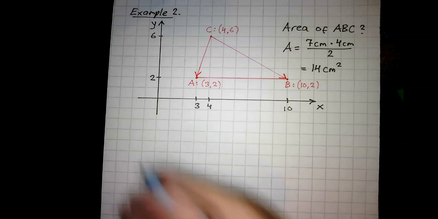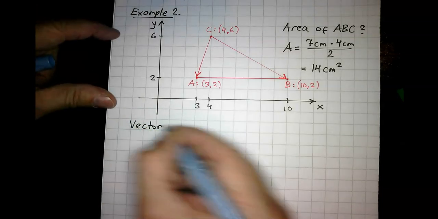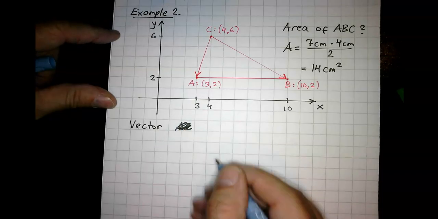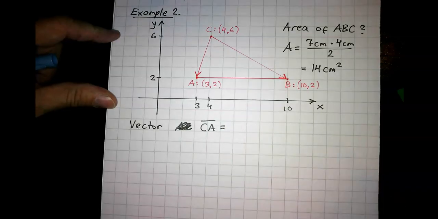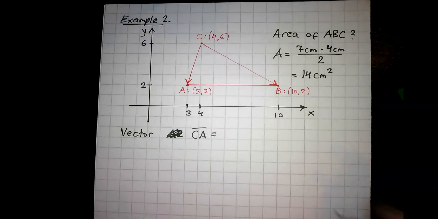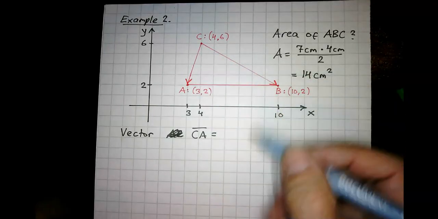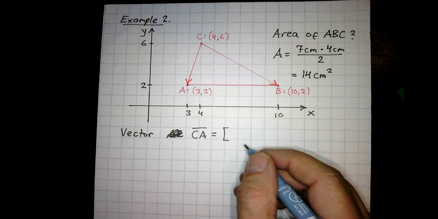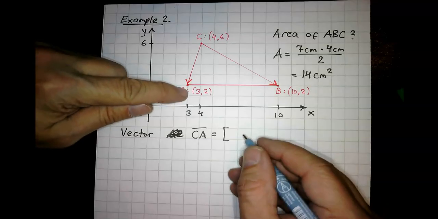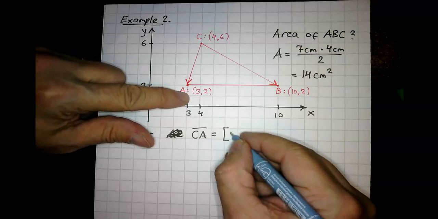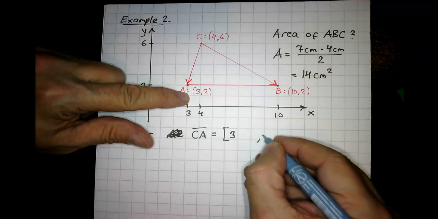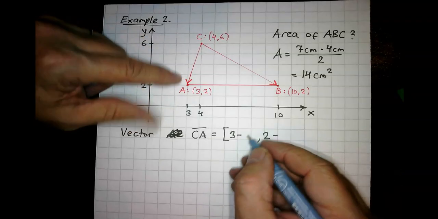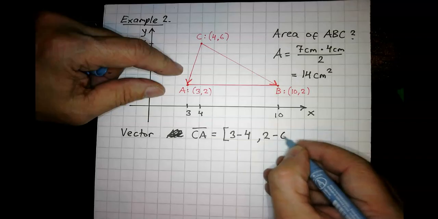So the vectors, vector AC, sorry, it's not AC, CA, the vector which starts from C and ends at A. We will find the vector expression by taking first A's coordinates, so we will get 3 and 2, and we will subtract the coordinates of C from those. 3 minus 4 and 2 minus 6.